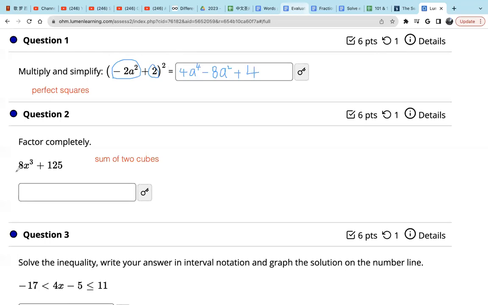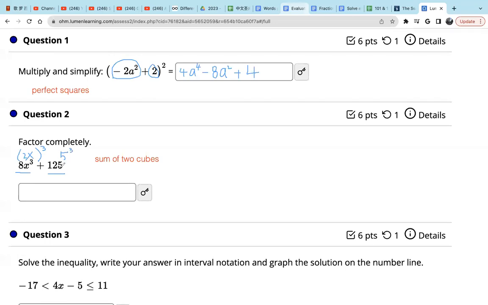So the first one, 8x cubed, we can write as 2 times x, raised to the cube power, right? 125 is 5 raised to the power 3.